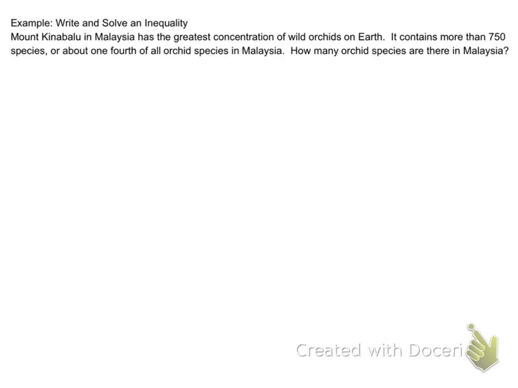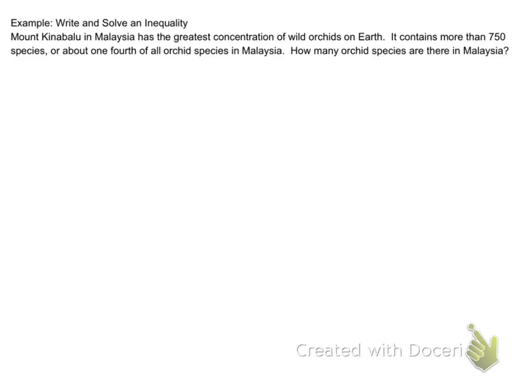Now this one's kind of interesting because it's saying how many are there, but you're not given a firm number, are you? No, it's just greater than or equal to 750, because it says right here, more than 750. So therefore, for Malaysia, maybe we'll call it M. It contains more than 750.